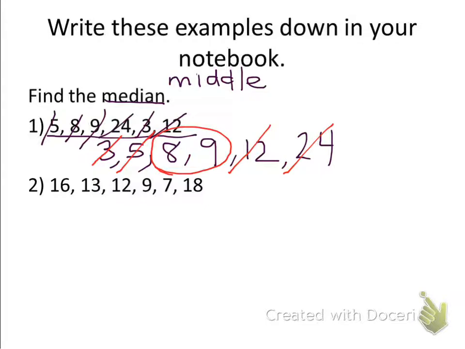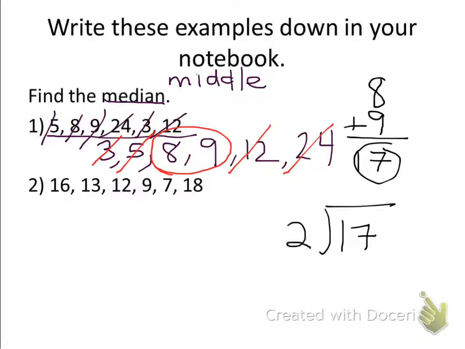Alright, it said when I get this to find their mean. So to find their mean, I'm going to add them together, or their average. So add them together, 8 plus 9 is 17, and then divide that by 2. So 17 divided by 2 is 8. 8 times 2 is 16.